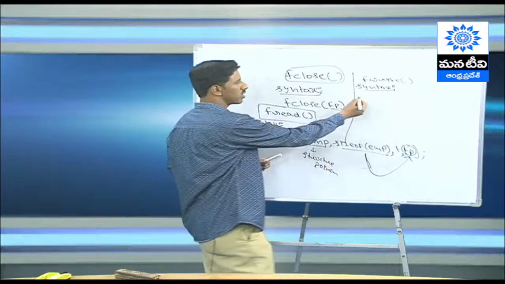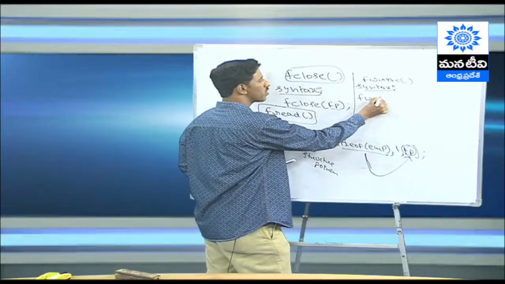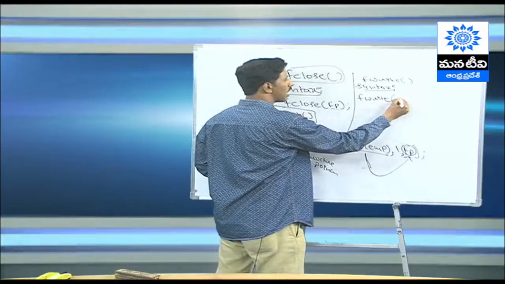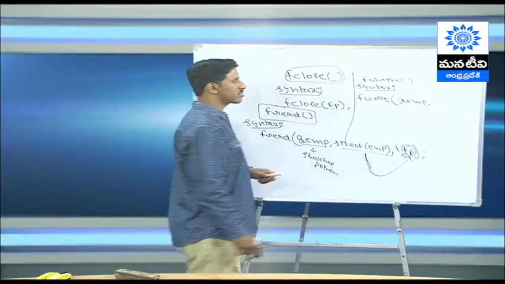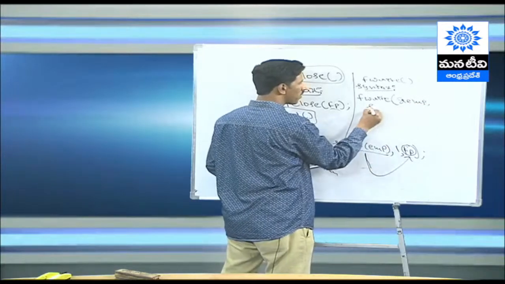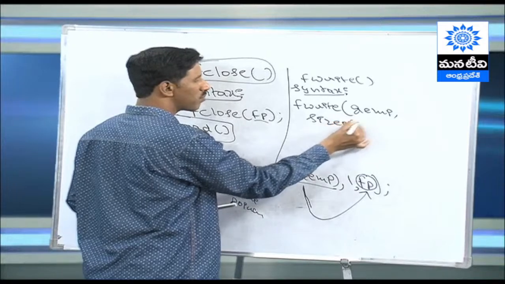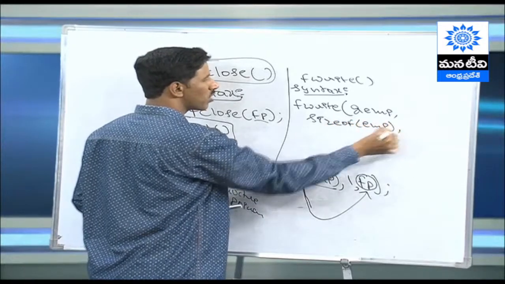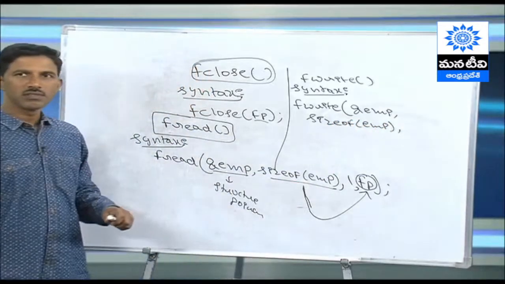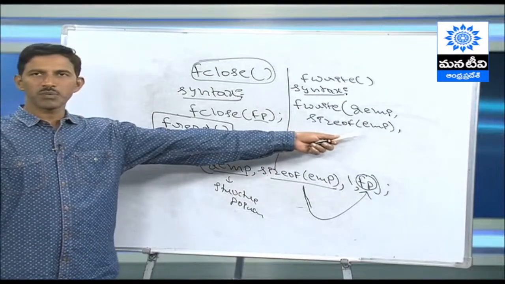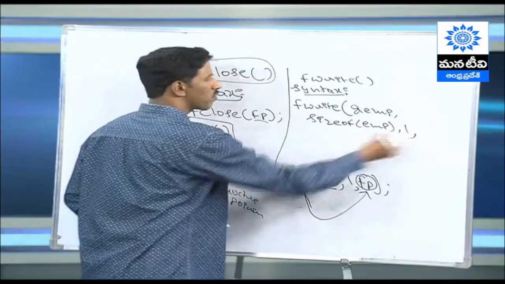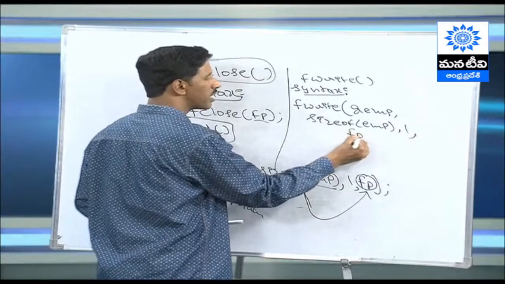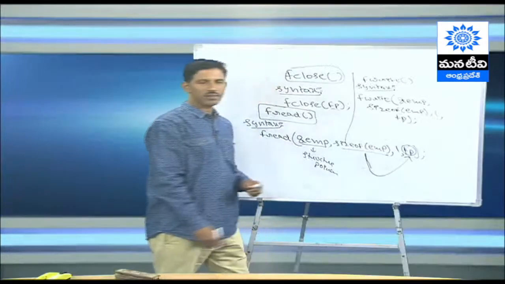How to do that? fwrite, address of employee structure, same syntax. Size of employee, I mean one employee. Size of employee means how much memory the employee structure takes, 2 bytes, 4 bytes, 16 bytes, comma 1. 1 means one employee. After that FP, called the file pointer.